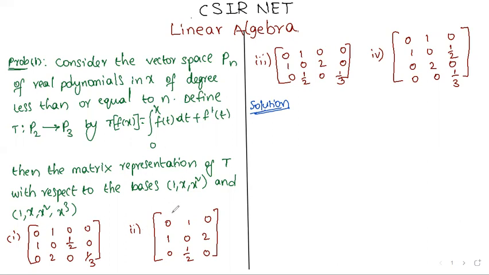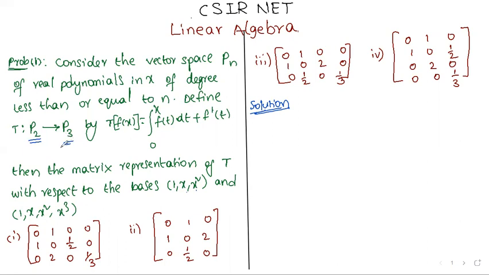Here {1, x, x^2} is a basis for the domain space P2, and {1, x, x^2, x^3} is a basis for the codomain space P3.